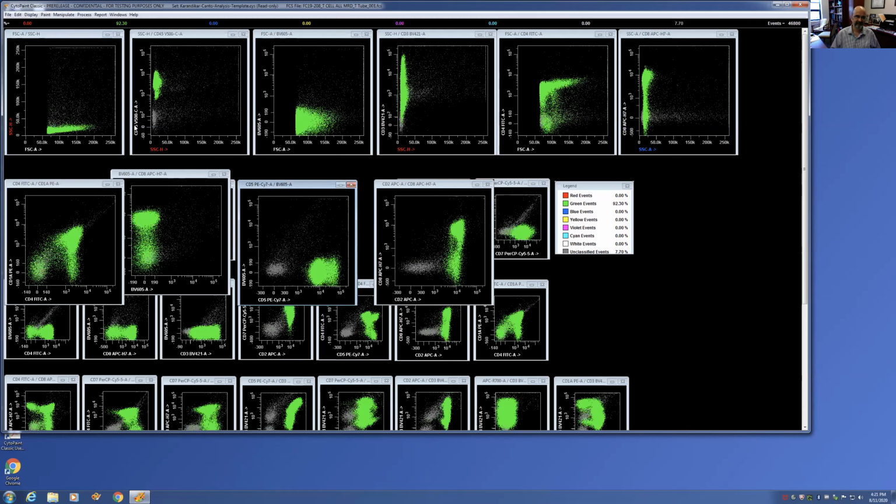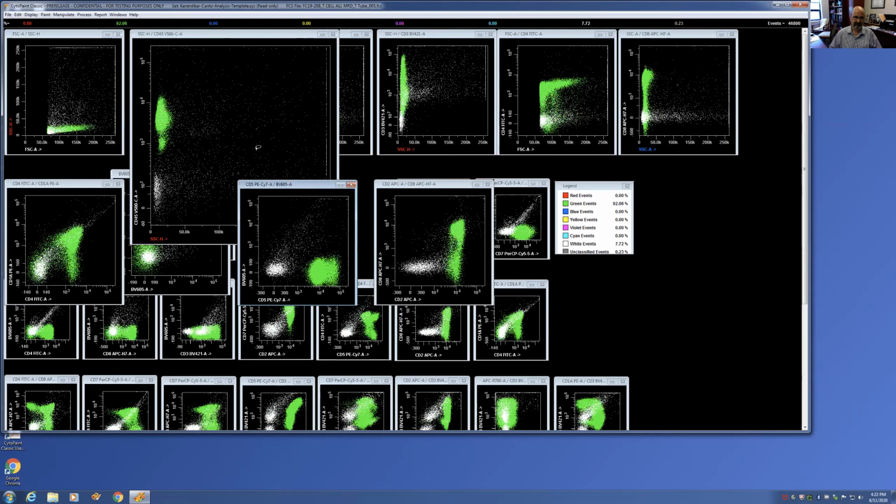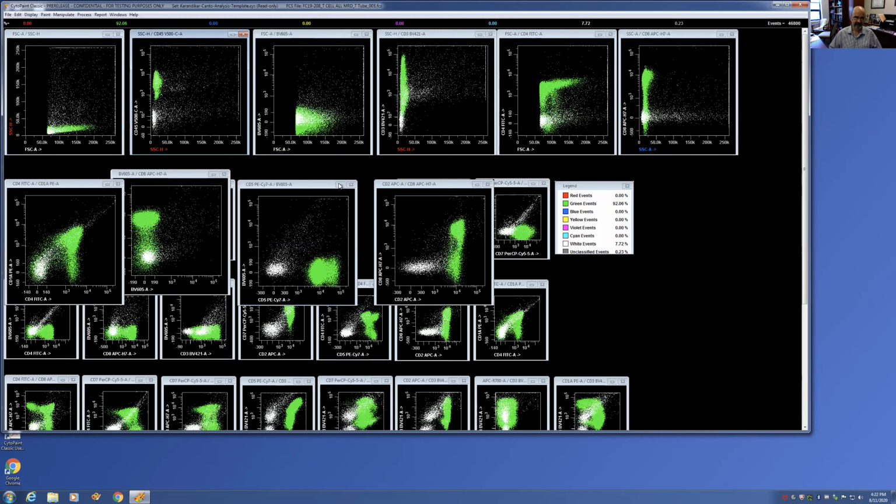It seems to basically paint everything except for this CD45 negative chunk. So let's see if we just painted all of these. Yep, it's that same cluster. So almost everything in the specimen is CD5 positive, and this is in the mediastinum.